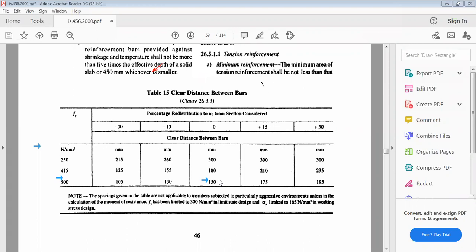We cannot provide greater than 150 mm spacing between the bars. There was a minimum requirement जो कि 30 mm हमें अभी बन रही थी इस क्वेश्चन के लिए, और maximum requirement भी है, that is 150 mm for 500 grade for 0% distribution between the bars.